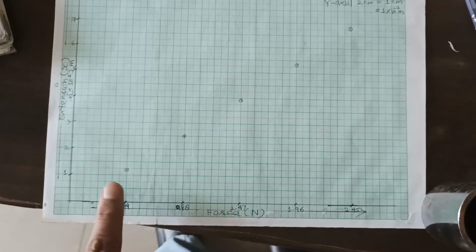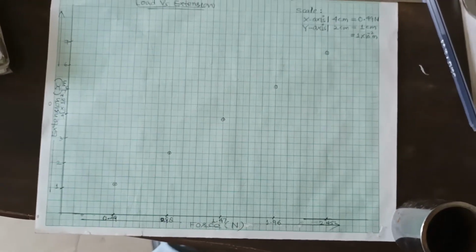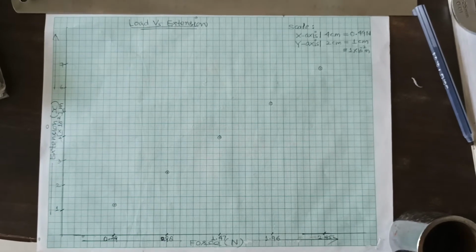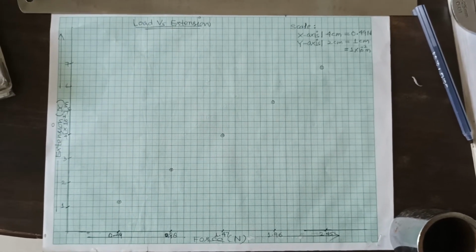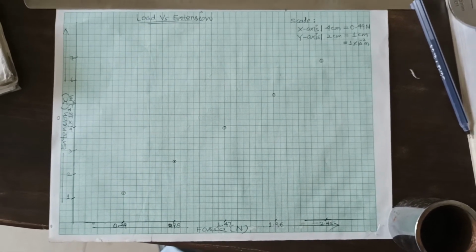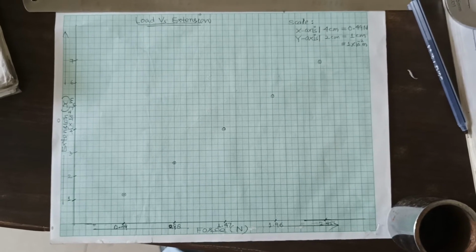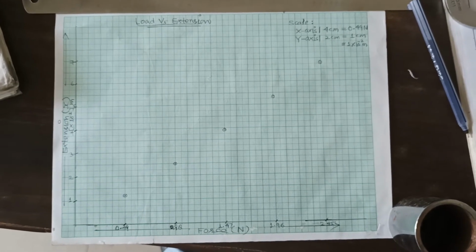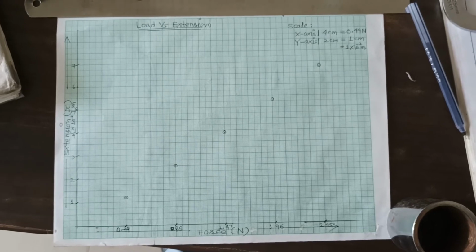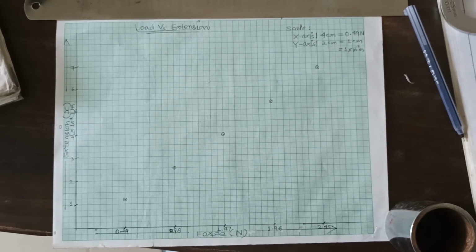That kind of line we have to find, that passes through the origin and represents the best fit line for these particular observations. It may not pass through all the points or even one point, but it represents the points most appropriately.